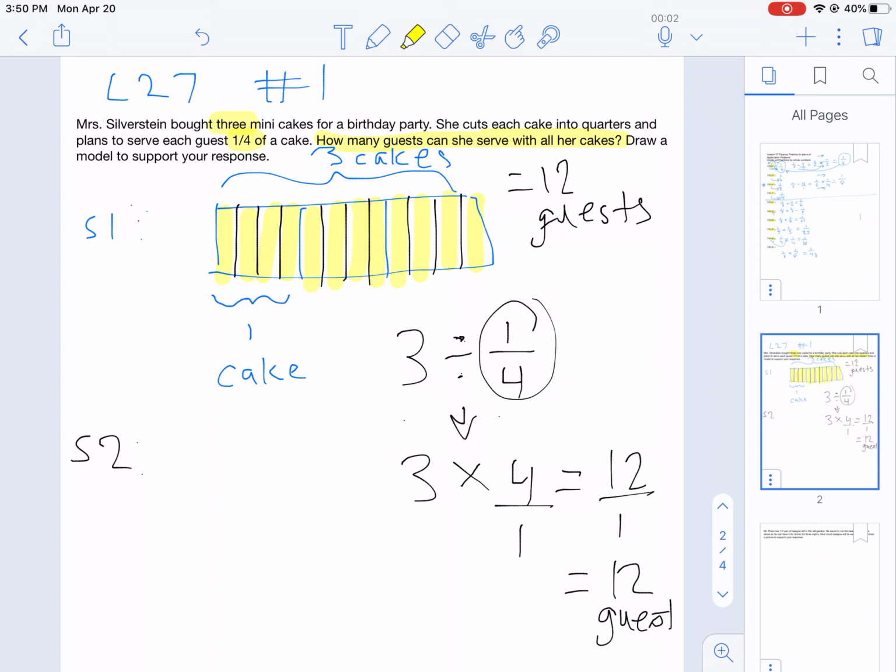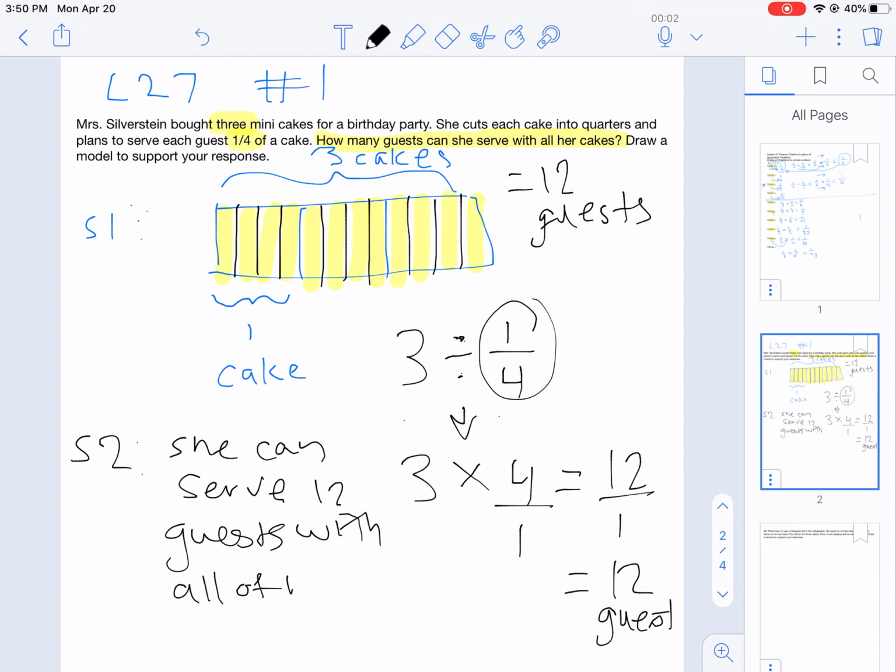So she can serve 12 guests with all of her cakes.